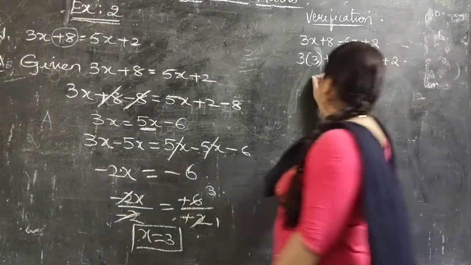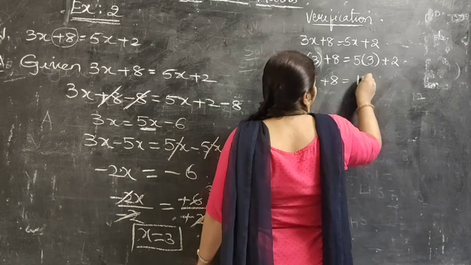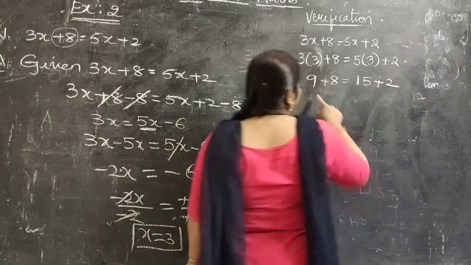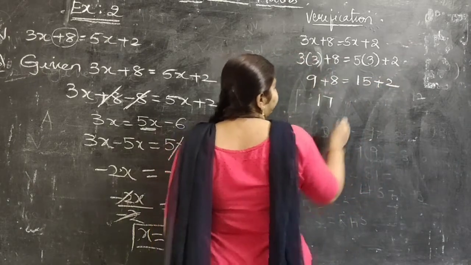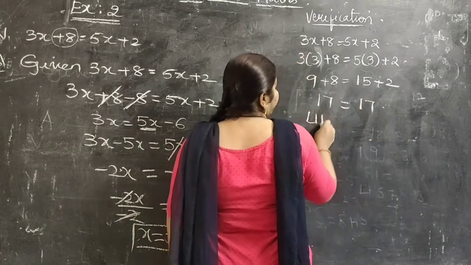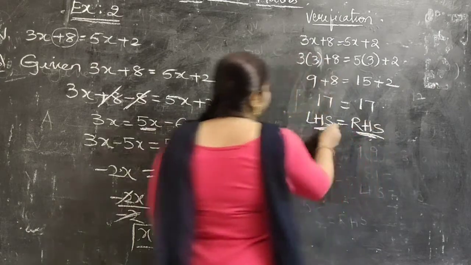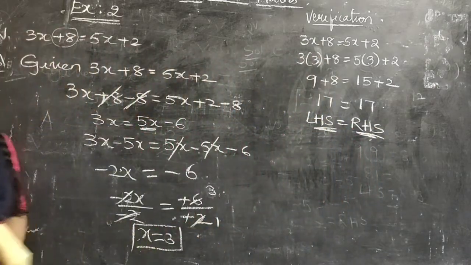Now 3 threes are 9 plus 8 is equal to 5 threes are 15 plus 2. So 9 plus 8 is 17, equal to 15 plus 2 is 17. So we got LHS value is equal to RHS value. So next two problems same as it is.